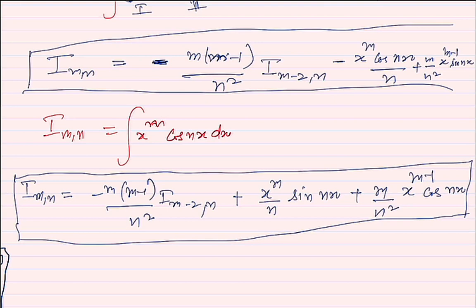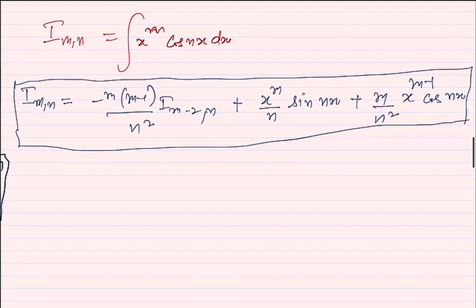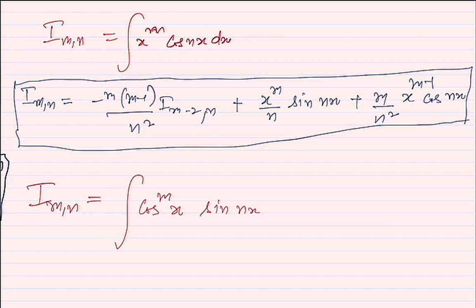And let me give you a few more. So the reduction formula for Imn, now instead of polynomial I am going to trigonometric, cos raised to power m x sin nx dx.